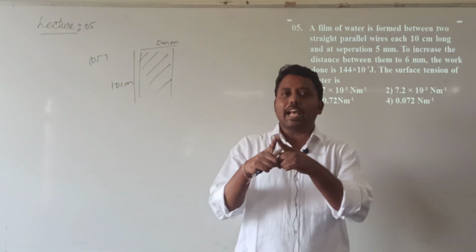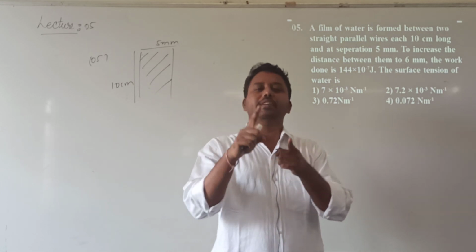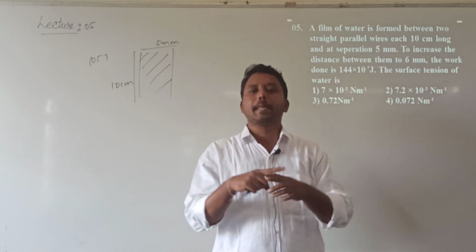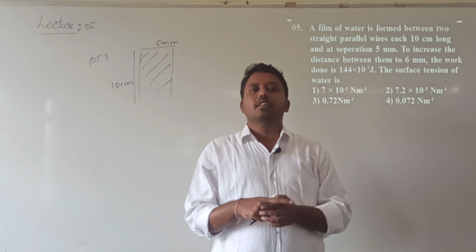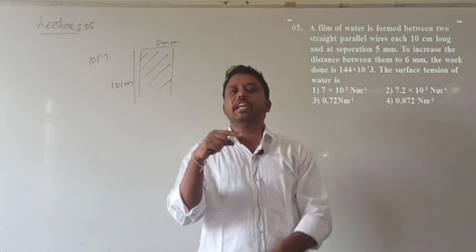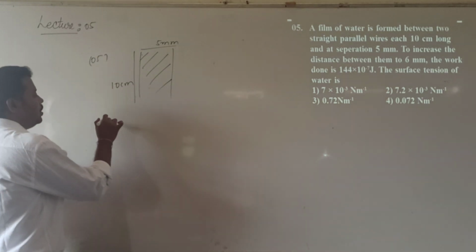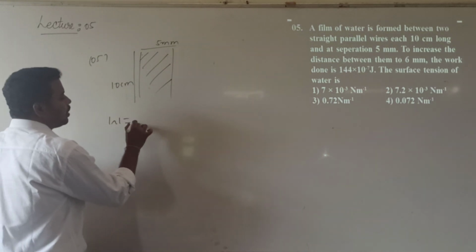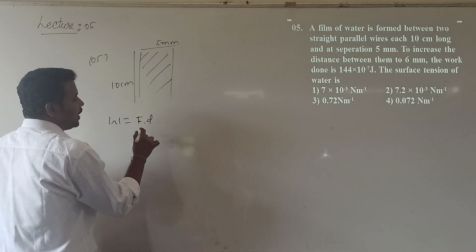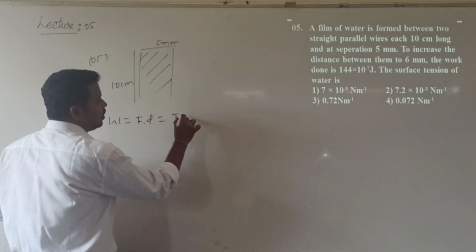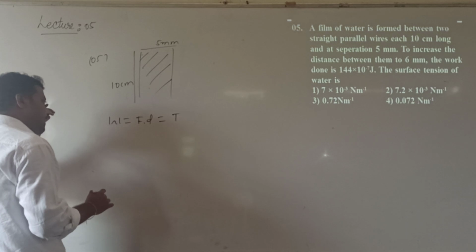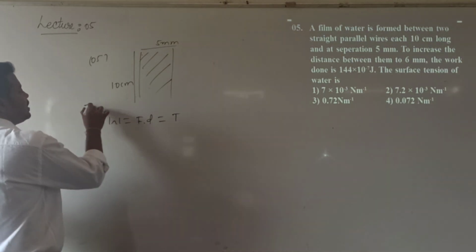Whenever a liquid drop is squeezed between two glass plates in the form of one film, in order to separate them we need to do some work. Work done W will be equal to F into d, where d is the thickness. What is the formula for surface tension?